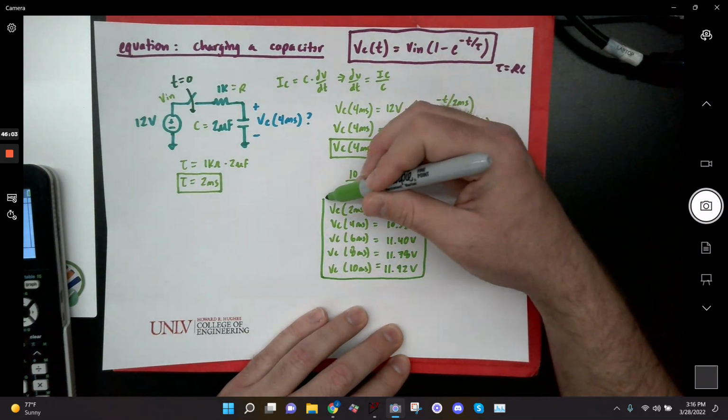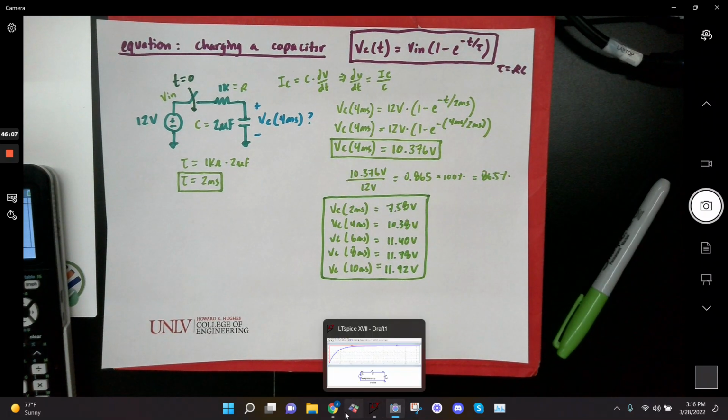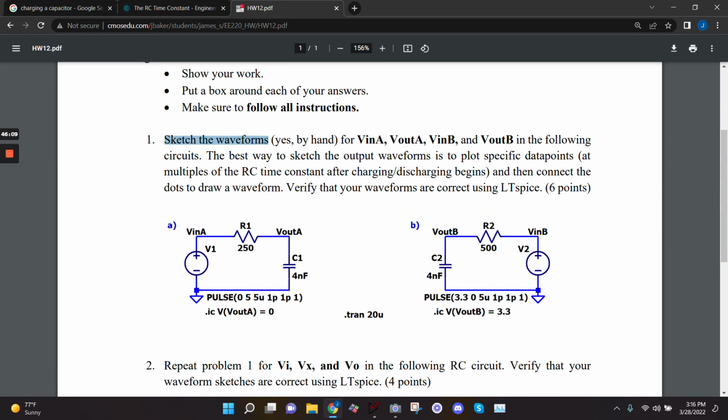I think I said something about this in the homework. I said the best way to sketch the output waveforms is to plot specific data points at multiples of the RC time constant after charging or discharging begins, and then connect the dots to draw a waveform. Okay? So that's what I expect you guys to do on this homework.